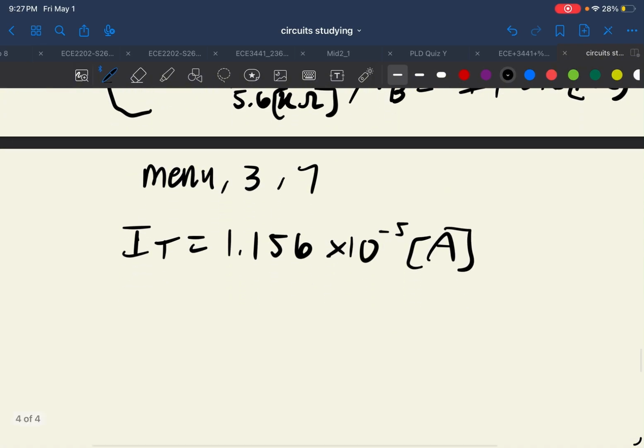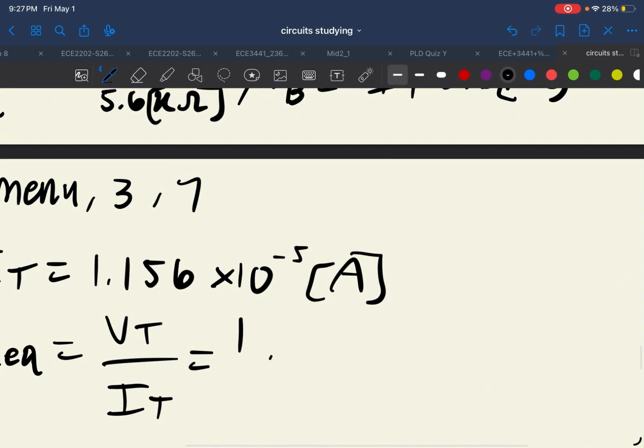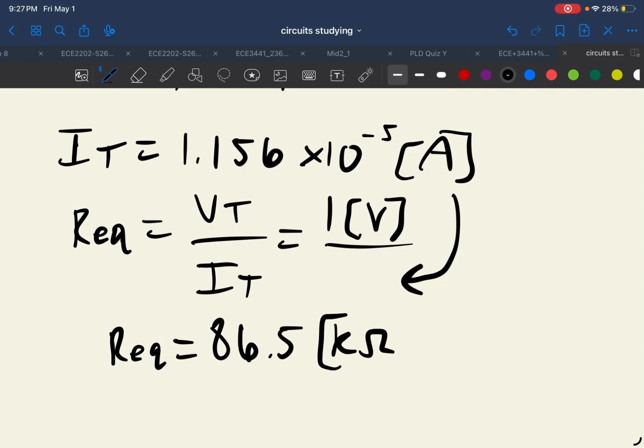Okay, but we actually want REQ, and that's VT over IT. We set our VT to 1 volt. That was our test voltage. So 1 volt over this. Put that in a calculator. 86.5 kilo ohms is our REQ.